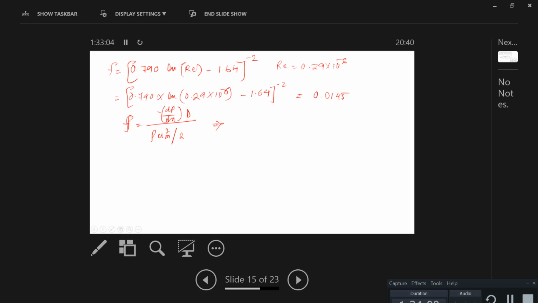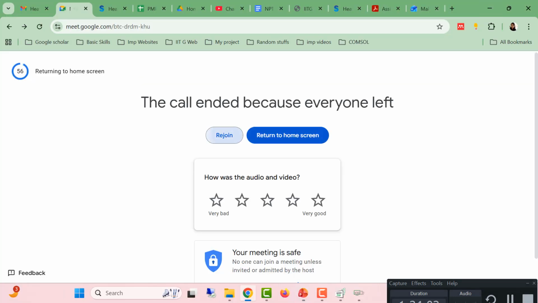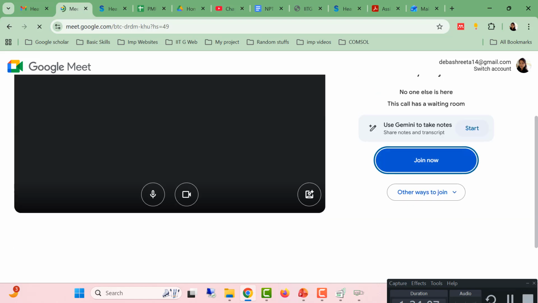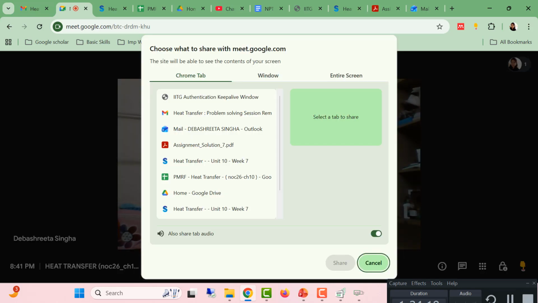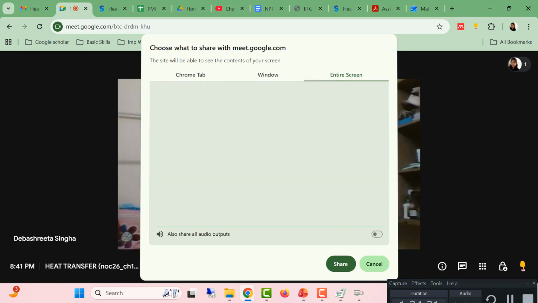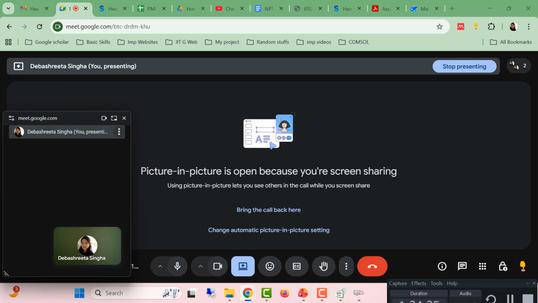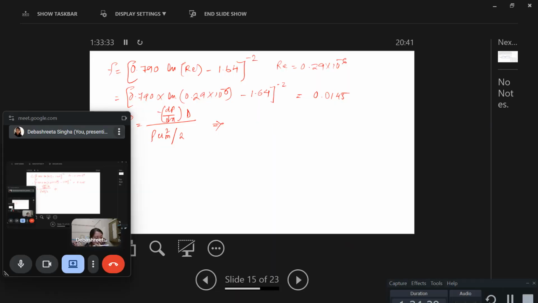Now if I take this denominator, F into rho V square divided by 2, and bring the D here, then we get dP by dx.